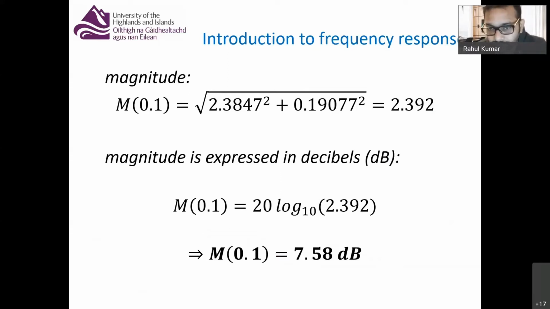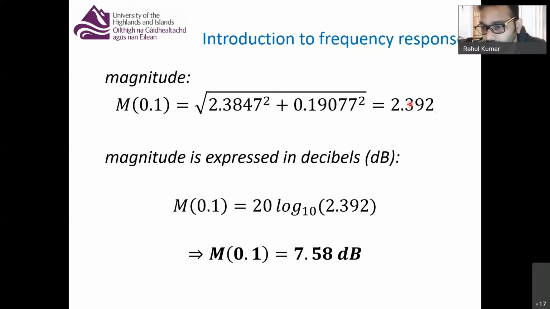So here is the calculation. Using Pythagoras theorem, I have calculated the magnitude at this frequency. You take the square root of the real part square plus the imaginary part square. We get 2.392 as the answer. Now this value is unitless. It doesn't have any unit.